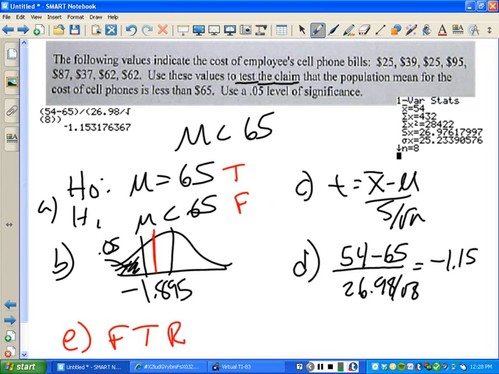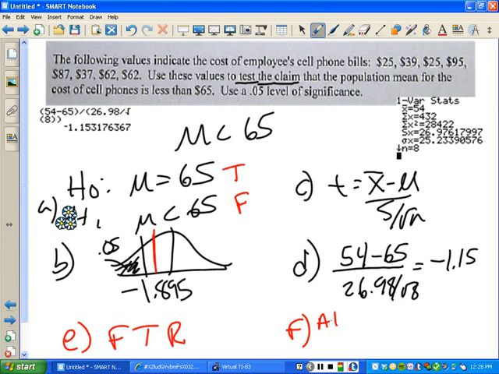Now, which one's my claim? H1 is the claim. So what are we saying about the claim? Are we agreeing with it or disagreeing with it? We disagree with it, right?